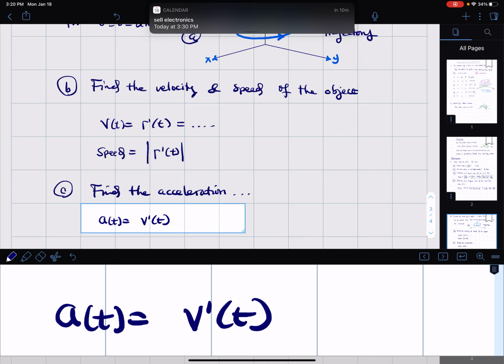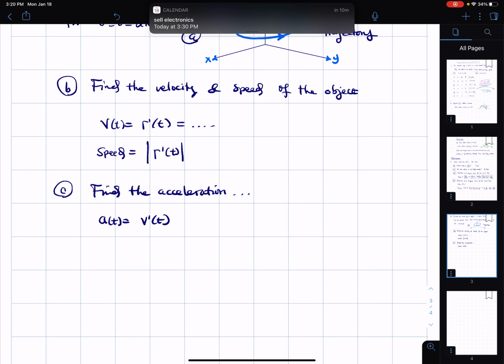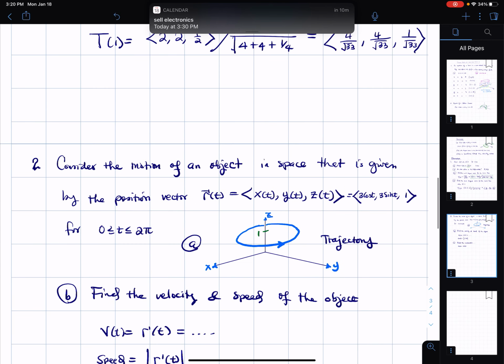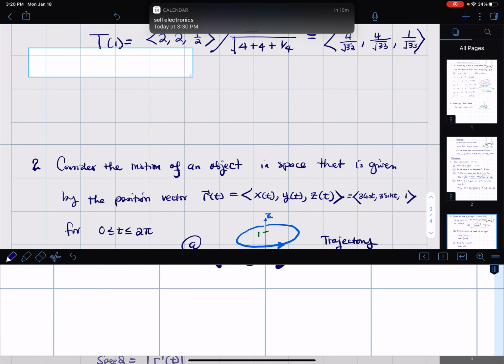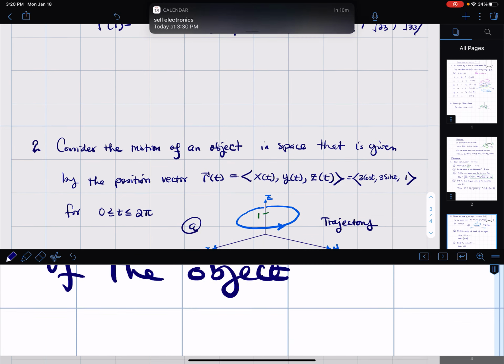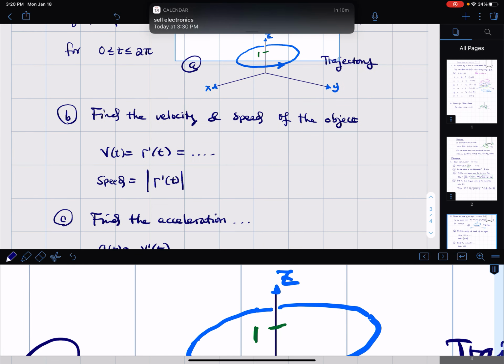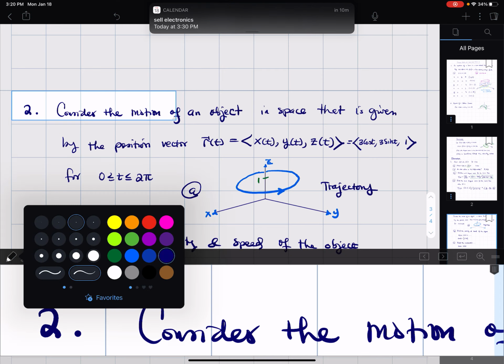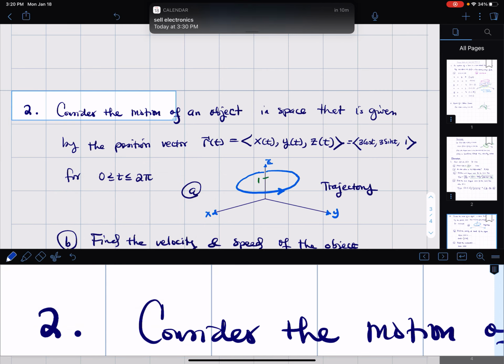All right, so I want you guys to try this yourself. This is quite easy, maybe one of the easiest things I've asked you to try. I'm going to put it here, number 2, and then I'm going to say, try this.